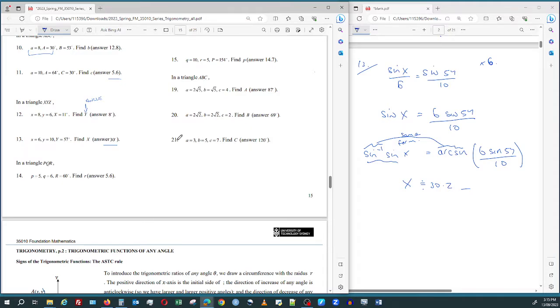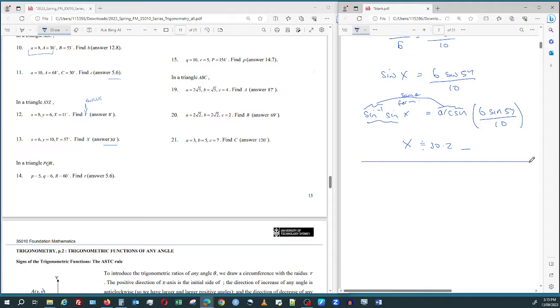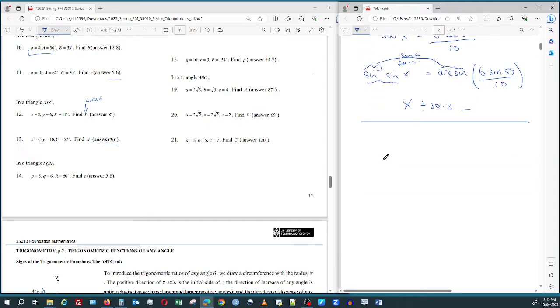Now, when we get a change of triangle, we need to identify what's missing. So we've got P. Where's angle P?